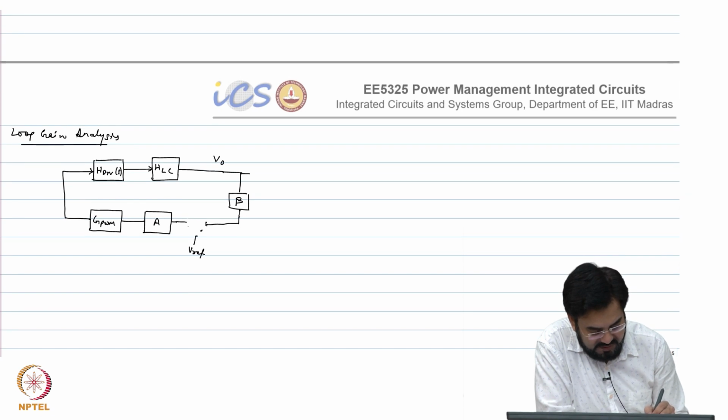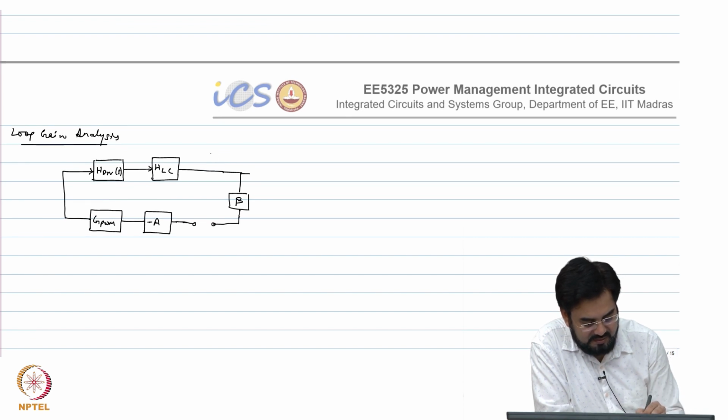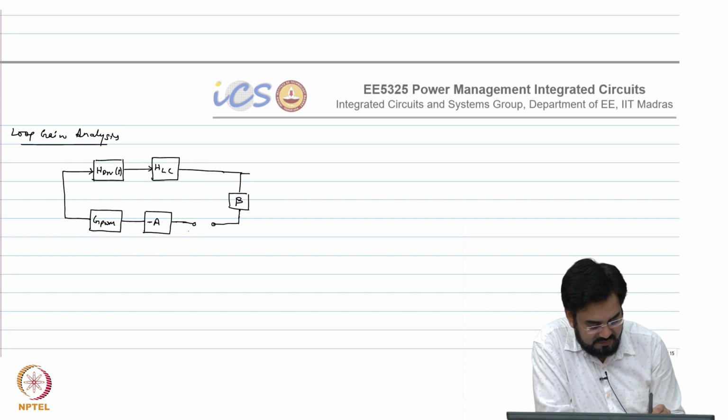So, we will replace this and we will make it minus A. This is your breakpoint. So, V in S, V out S.